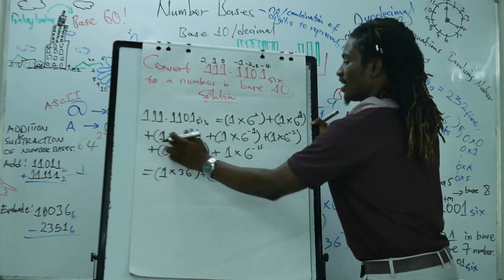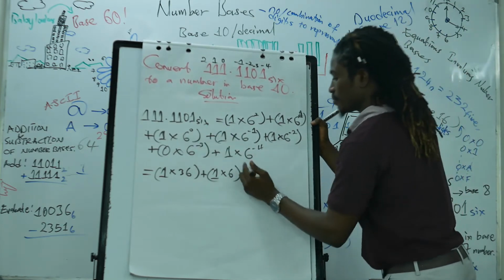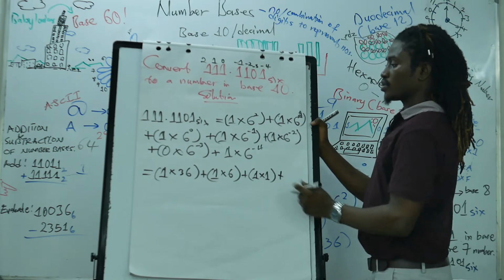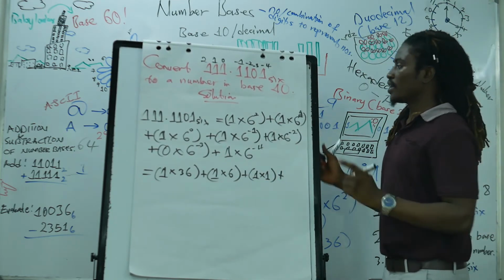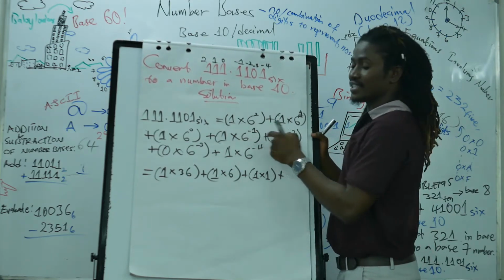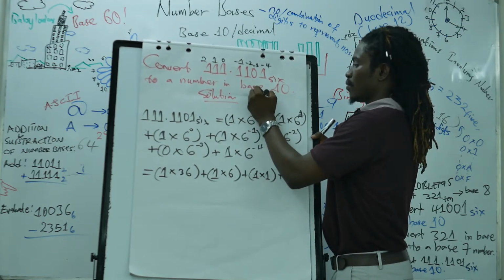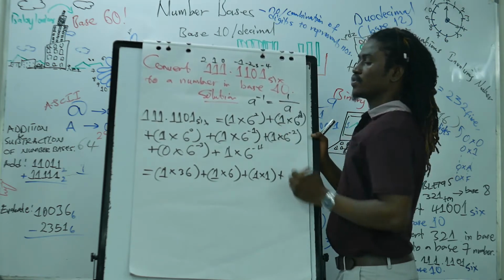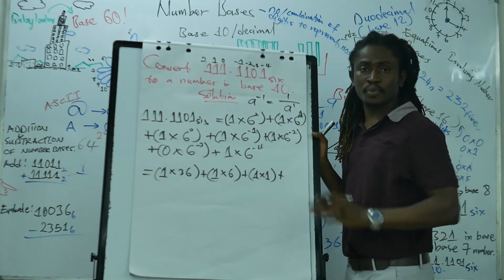Plus 1 times 6 raised to the power 0, which is 1, so 1 times 1, plus 1 times 6 raised to the power minus 1. Now, the property of exponents is that when we have a negative exponent, for example a raised to the power minus 1, this is equal to 1 over the same value raised to the positive power 1.